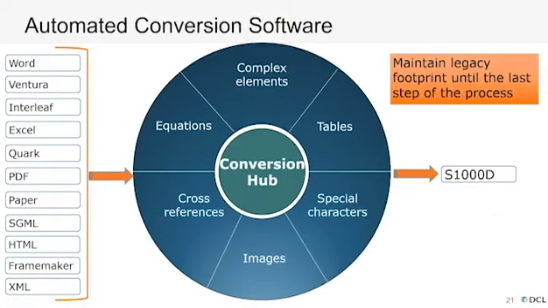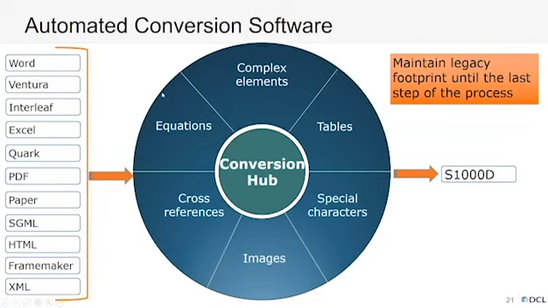So this slide shows you a concept of automated conversion software. And regardless of the legacy you're dealing with and the target XML schema you're going to, some items are handled the same. So as long as you normalize the data, you can program for these items and use it regardless of the legacy format. It allows multiple source types to be taken in and pre-processed according to the source type.